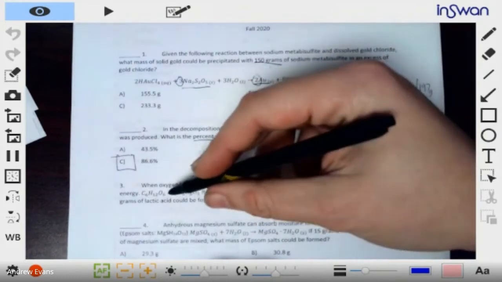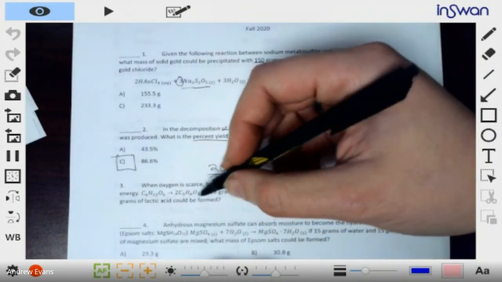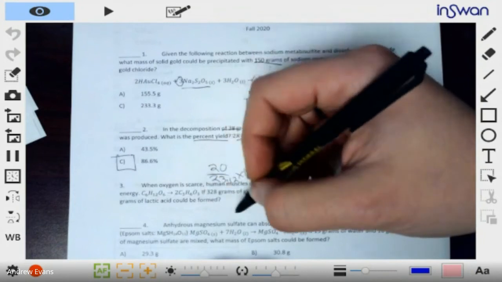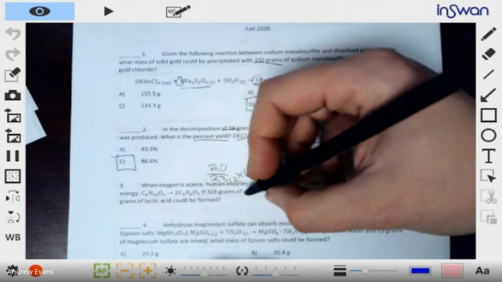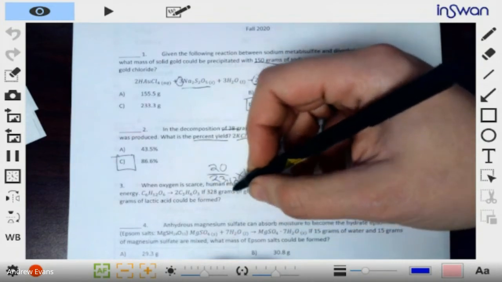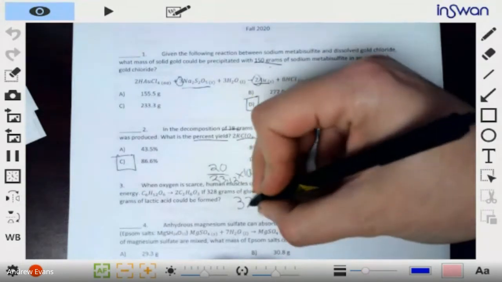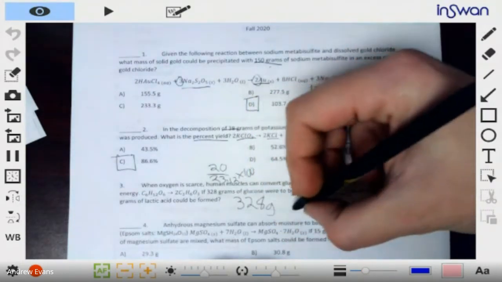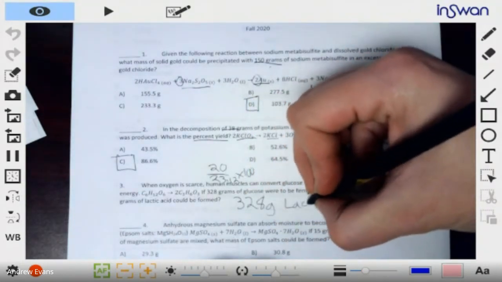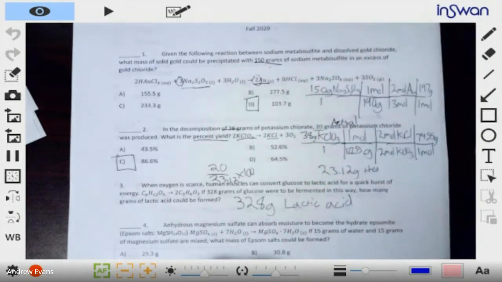For every 1 glucose, you form 2 lactic acids with no waste. There's no errant molecules formed. So if 328 grams of glucose were converted, they would convert into 328 grams of lactic acid. We are not losing any mass to lost oxygen or anything like that. So it's just straight 1-to-1.